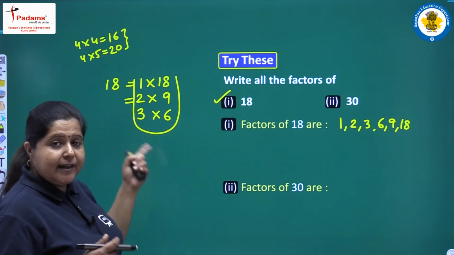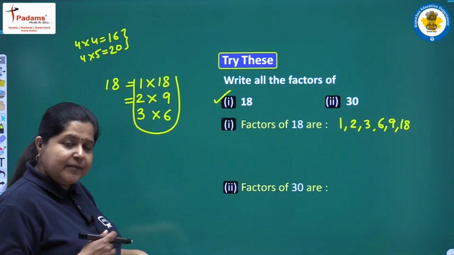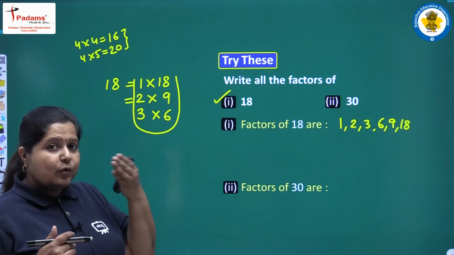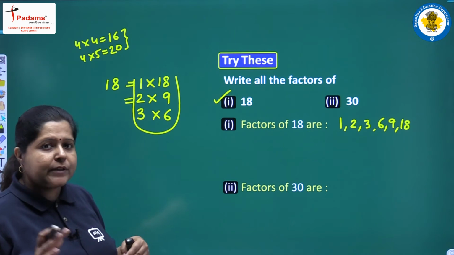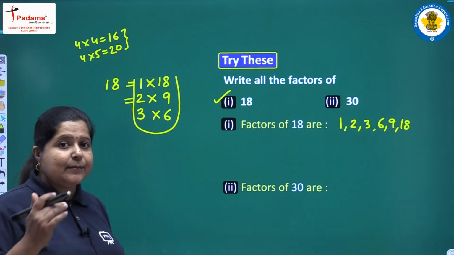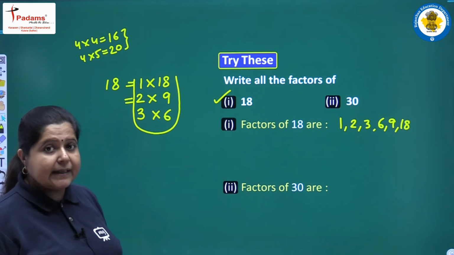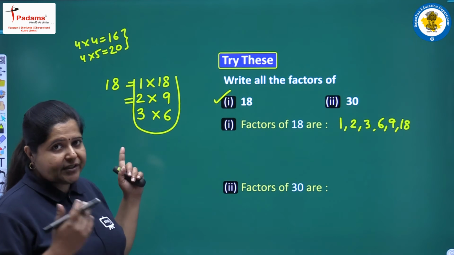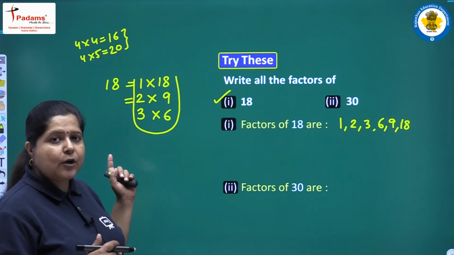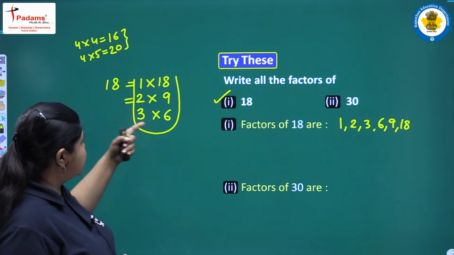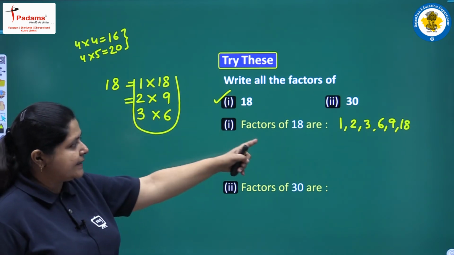Then the table of 3: 3 6s is 18. Then the table of 4: 18 is not there. 18 does not come in the table of 5 also. Then in the table of 6 we get 6 3s are 18. So the repetition has started and now we stop, and we can easily write all the factors as 1, 2, 3, 6, 9 and 18.